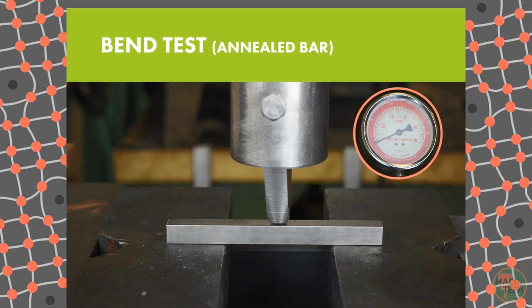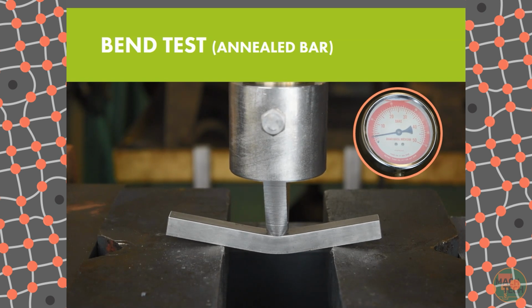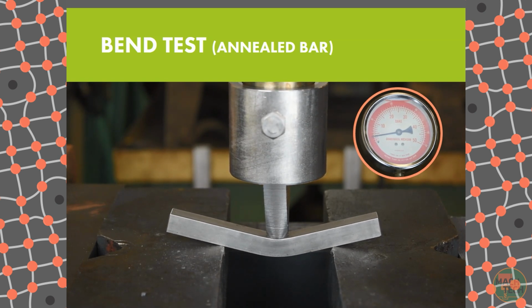Let's do an experiment. This is a half-inch square bar of 1045 steel, which is a plain steel with 0.45% carbon. It's considered a medium carbon steel. Here, it's in its annealed or softened state. I'm going to try to bend it with a hydraulic press. Watch what happens. As I feed the ram down, the pressure increases and the steel starts to bend.